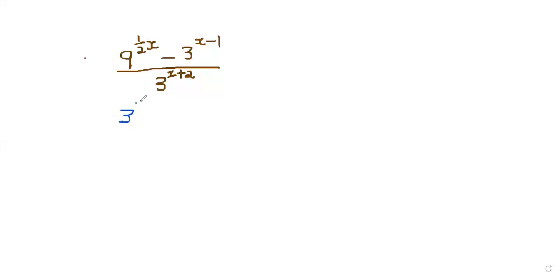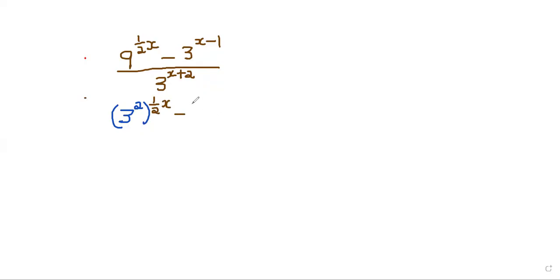So I'm going to write 3 squared. That tells us that we are going to get 9 because 3 squared is 9. Then I'm going to say to the power of 1 over 2x. And I'm going to say minus, and then 3 to the power of x minus 1.